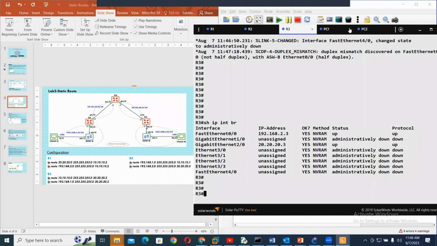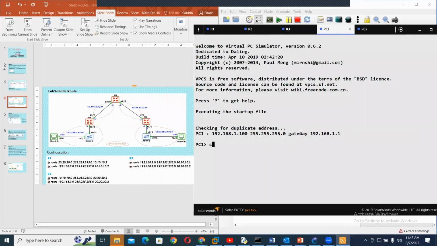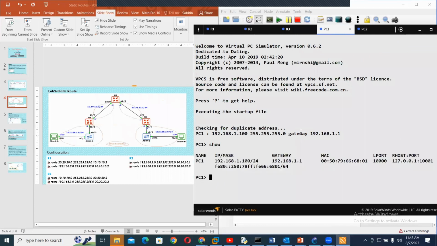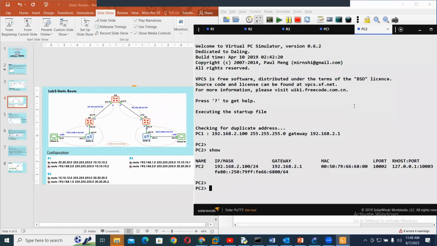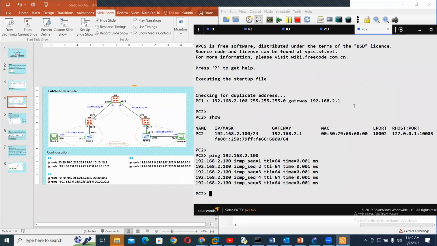Okay. Let's show on our PC1. Okay, we have our IP address on PC2. Let me try to ping, but I have not configured the route. Let me try to ping if I can access client B. Ping 192.168.2.100.